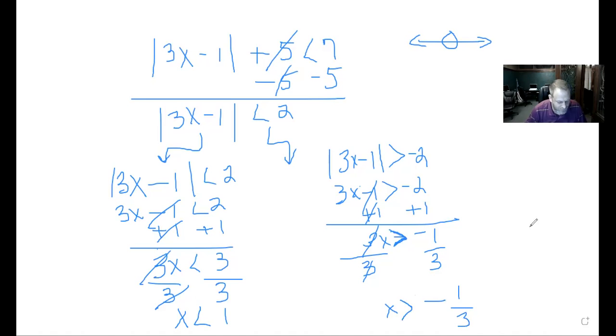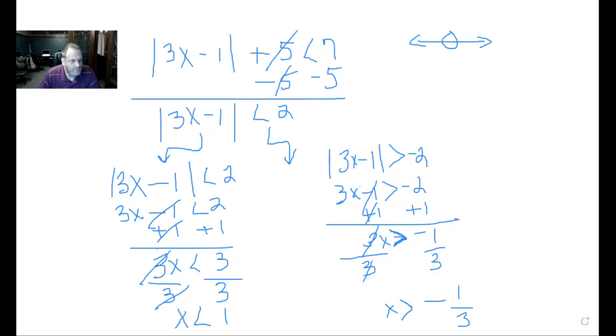All right, guys. So let's take a look at this. I'm going to move my picture over there. All right. So let's take a look at what is going on with our compound inequality. All right, guys.